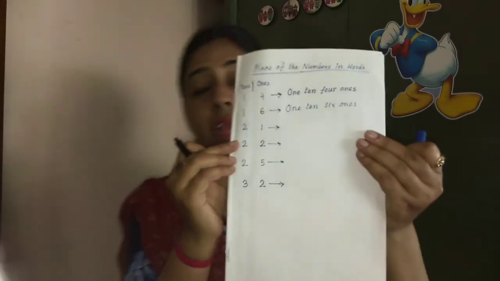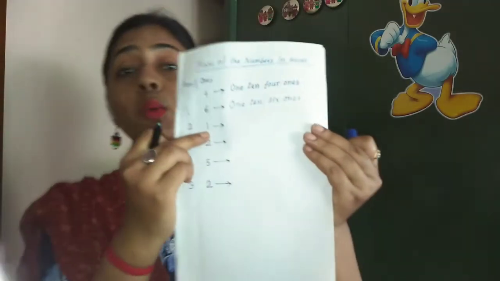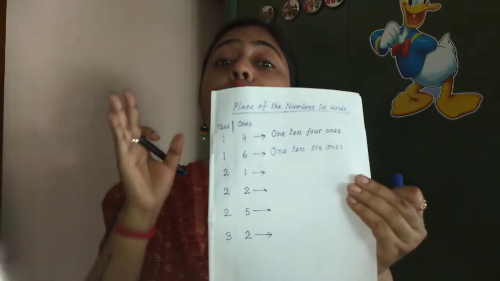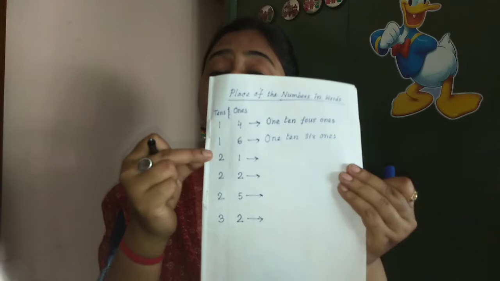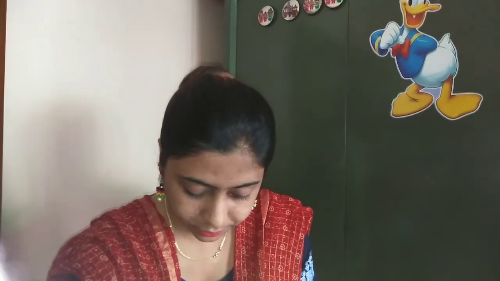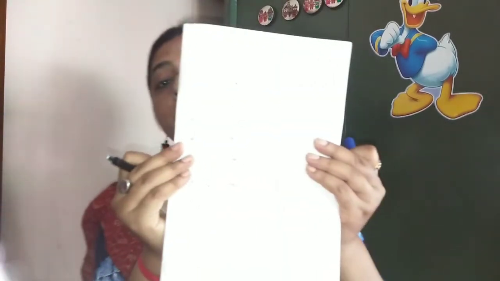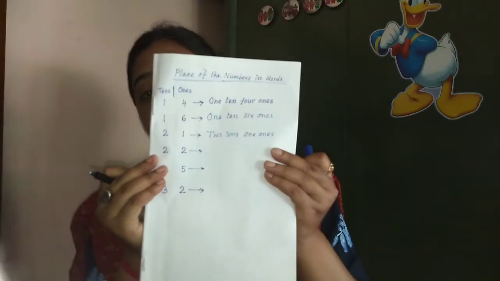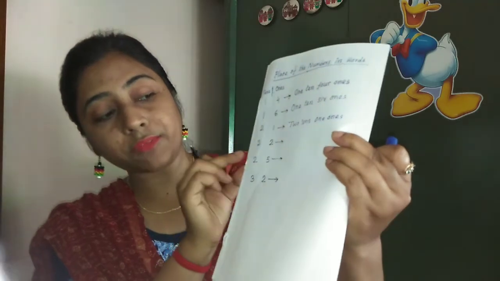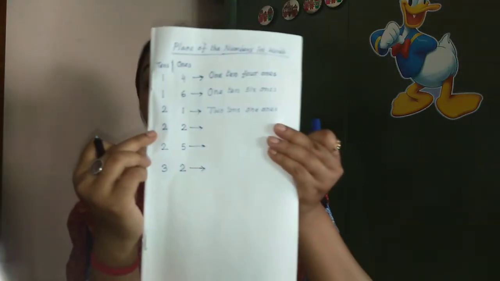The next number is 21. You know 21 means 2 tens. First you write 2 tens, then 1 one. Look, 2 tens, 1 one. After 21 is written 22.